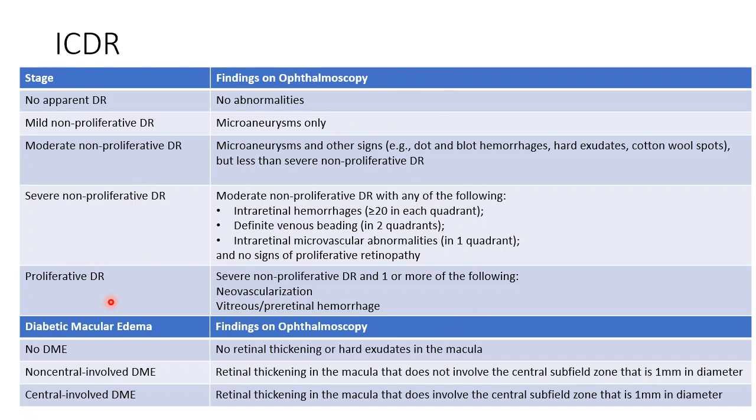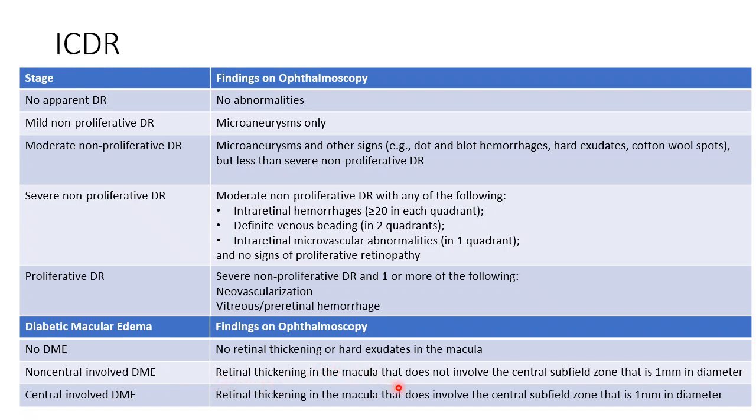And diabetic macular edema has also been classified by this international classification system. So no DME when no retinal thickening or hard exudate is present in the macula. Non-center involved DME. So see, diabetic macular edema includes not just hard exudates at the macula, but also retinal thickening, which is visible by stereoscopic fundus photography, as we do with the 90D or the 78D lens on the slit lamp.